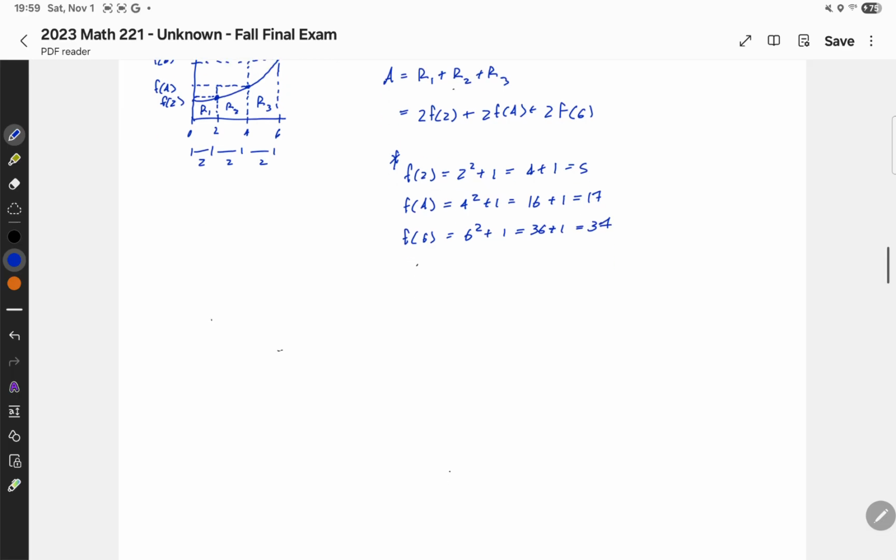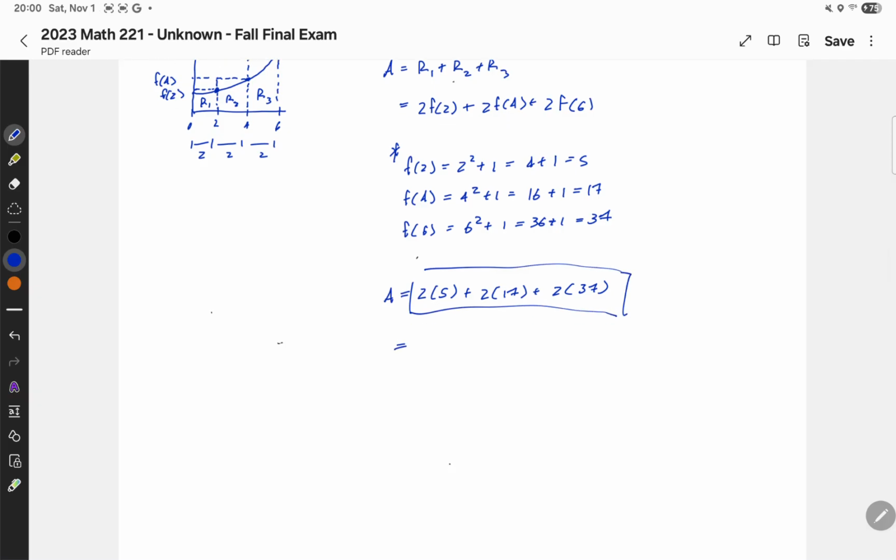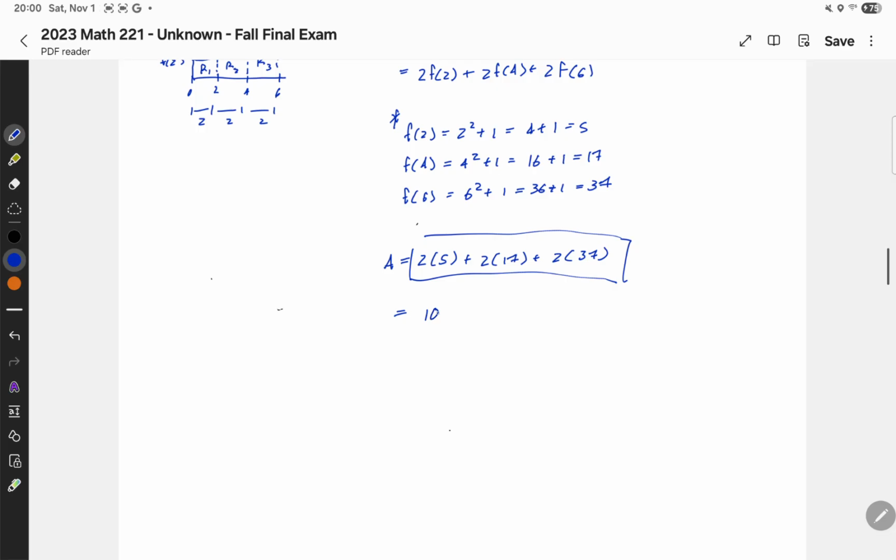So now we can write our area. We can say A is equal to 2 times f of 2, which is 5, plus 2 times f of 4, which is 17, plus 2 times f of 6, which is 37. And again, this is where I would cut off my answer on a real exam. I'll keep going just in case you do it differently. 2 times 5 is 10. 2 times 17 is 34.